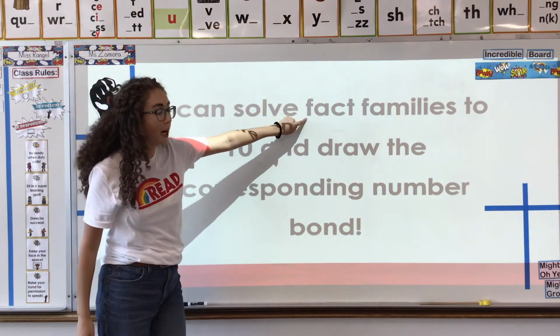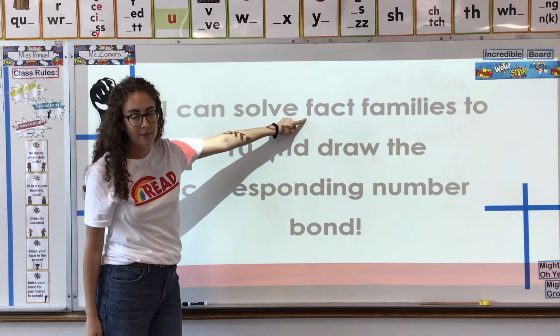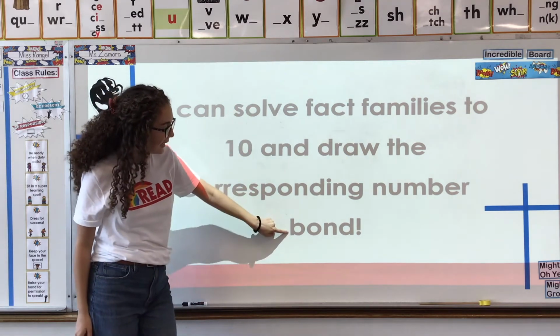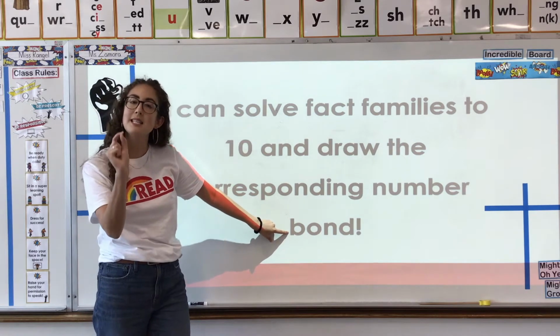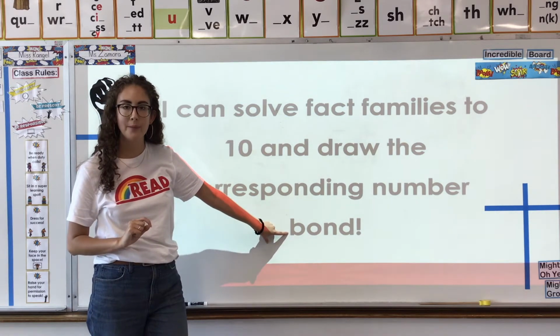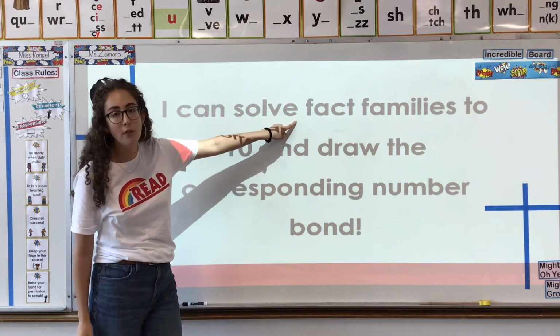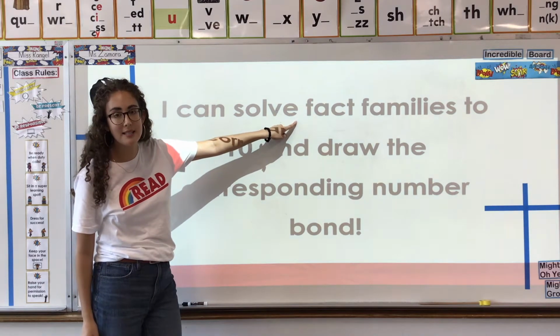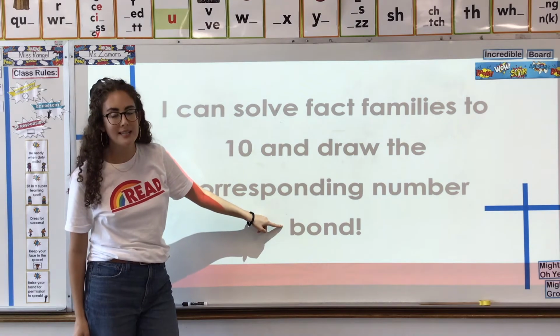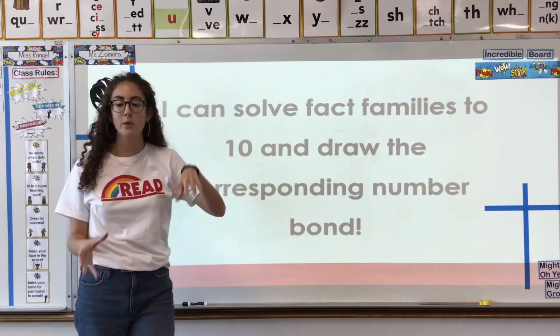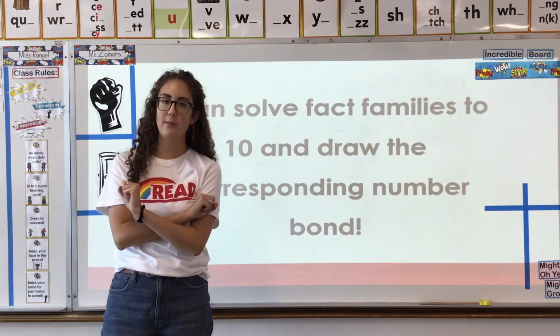We're going to start by solving a fact family and then creating the corresponding number bond that relates to the fact family we created. So we're first going to solve those addition and subtraction sentences and then create a drawing that represents the family. So we're just kind of reversing the order that we did yesterday.